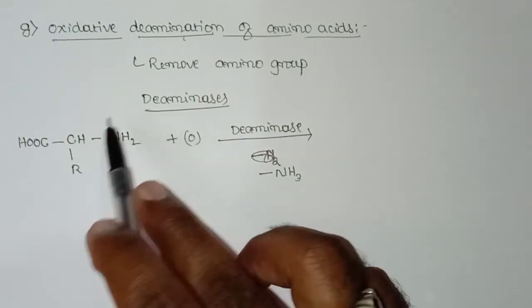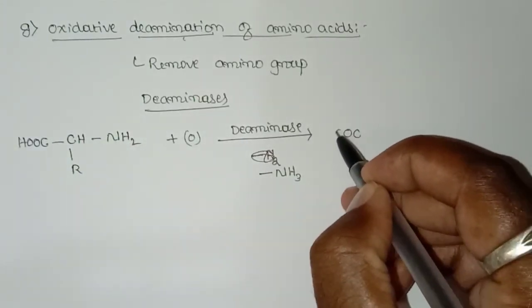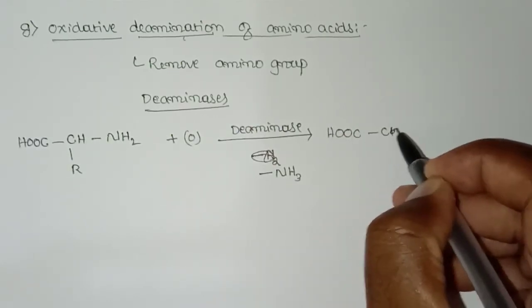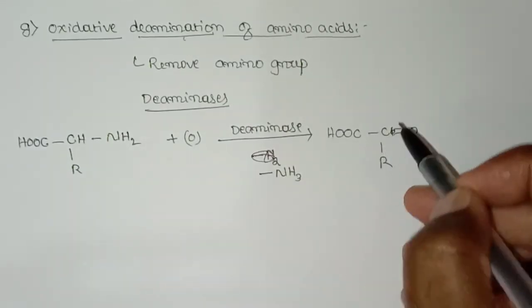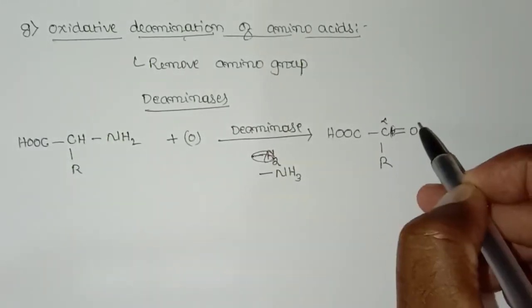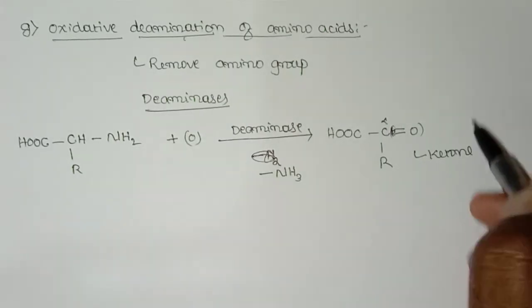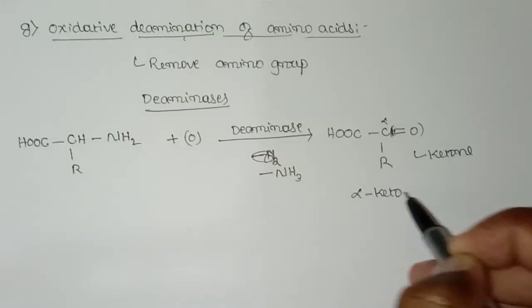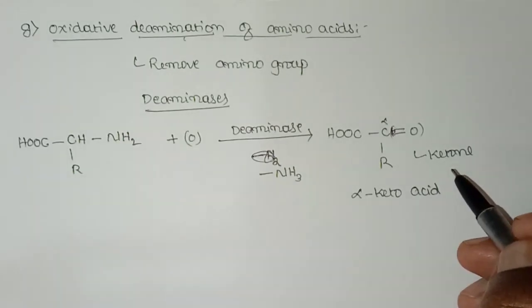After removal of this NH2, oxygen will bind, resulting in the formation of C double bond O, with R. This is the alpha position. At the alpha position we have a ketonic group, that is, a carbonyl group, and thus we call this an alpha keto acid, strictly speaking, an alpha keto carboxylic acid.